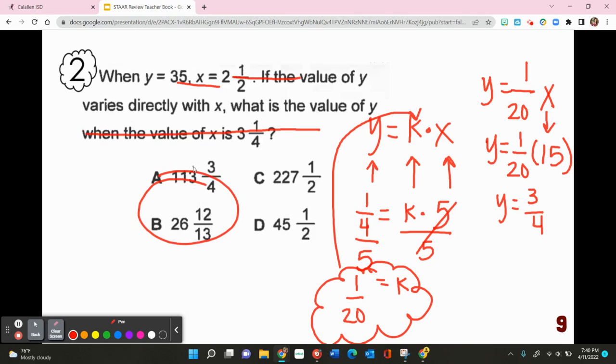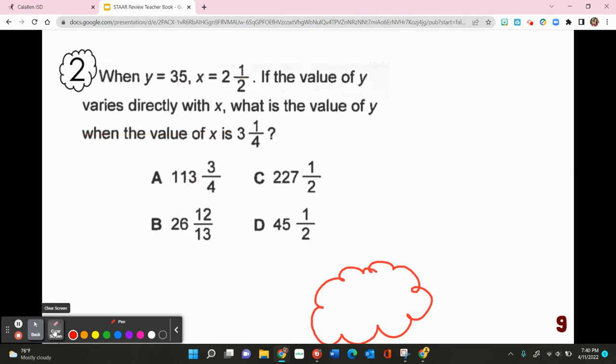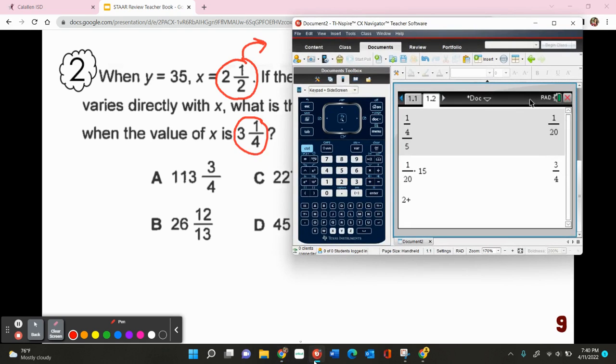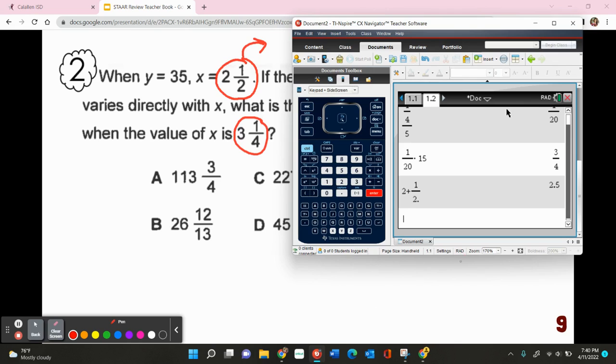Next, let's go ahead and look at number 2. So for number 2, it says when y equals 35, x equals 2.5. If the value of y varies directly with x, what is the value of y when the value of x is 3 1/4? So instead of having to deal with mixed numbers, I would first convert these mixed numbers into decimals. So 2.5, whenever we convert that in our calculators, 2 plus control divide, 1/2, make sure you put a decimal.